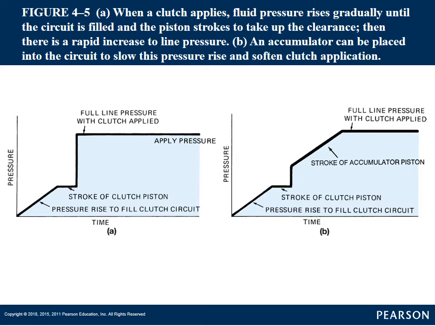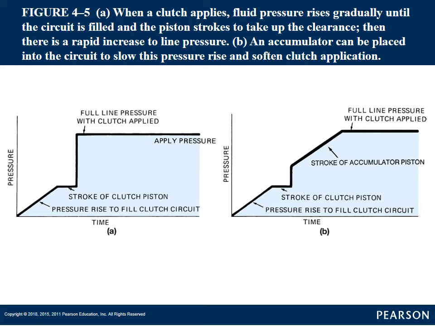And then as you see, that next line goes straight up in a system that does not have an accumulator, or maybe there's a fault in that accumulator. That pressure rises rapidly.